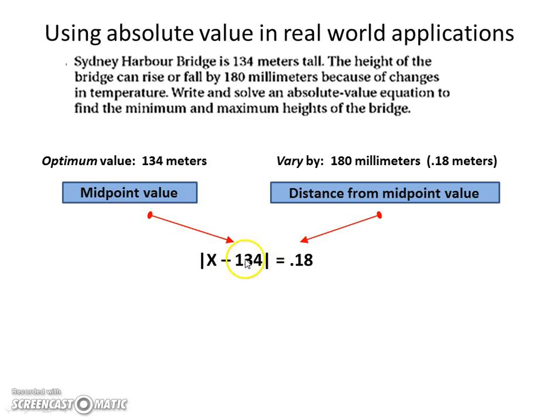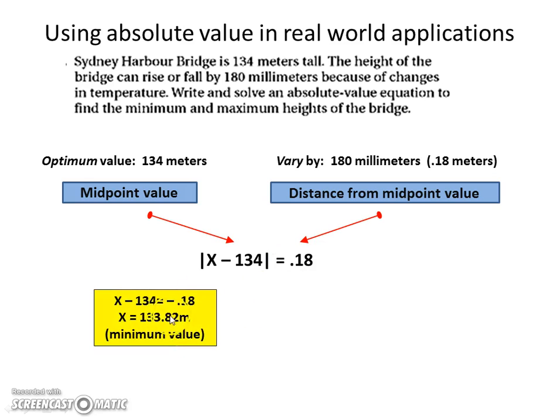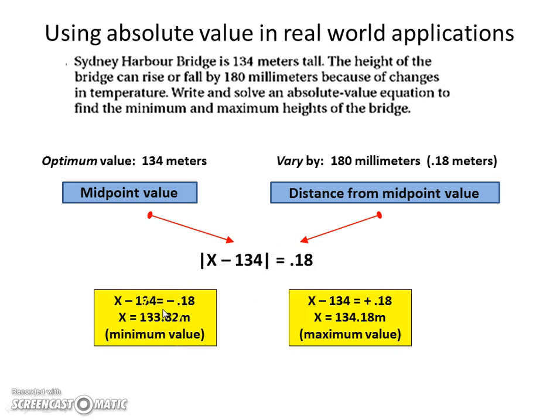That's what we want it to be. But we allow it to vary by 0.18. So it could be less 0.18 or more 0.18. If it's less, it's 134 minus 0.18, which gives us 133.82 meters. And if we add that 0.18, it's 134.18. So there's our minimum value and our maximum value.